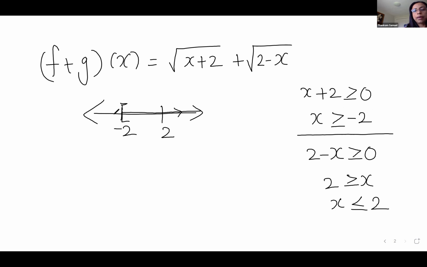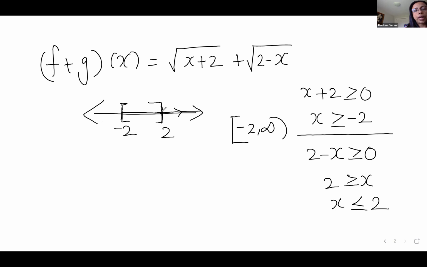So it is -2 to infinity in interval notation, with a bracket. Okay, so let me correct this one. So it is -2 to infinity. And the next solution set is x less than or equal to 2. So it includes 2, all points less than or equal to 2.